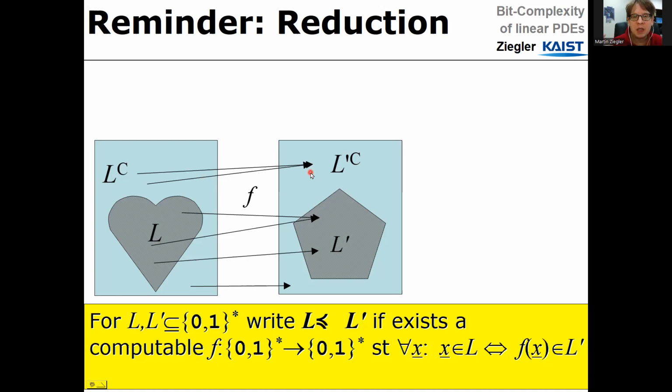It does not need to be injective, it doesn't need to be surjective, but it must respect the two decision problems at hand, in the sense that yes instances of the first decision problem must be mapped inside the second, and the complement of the first must be mapped to the complement of the second.